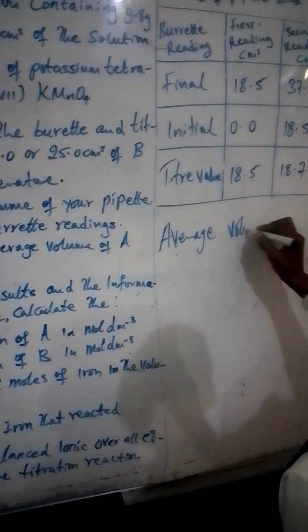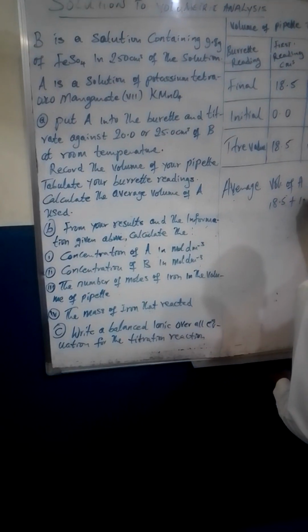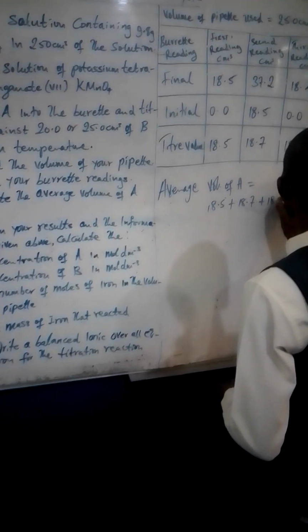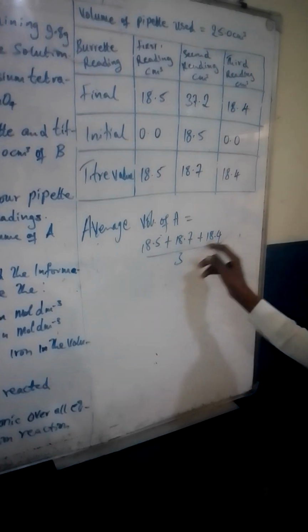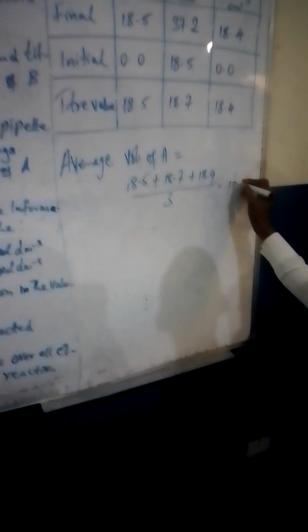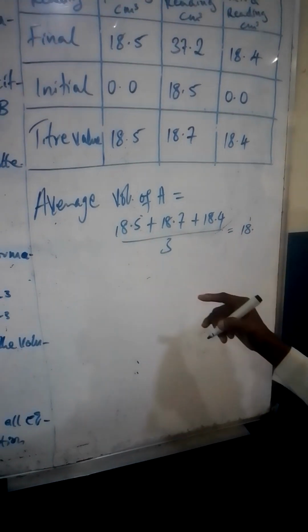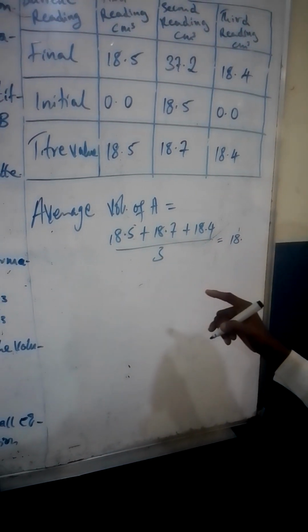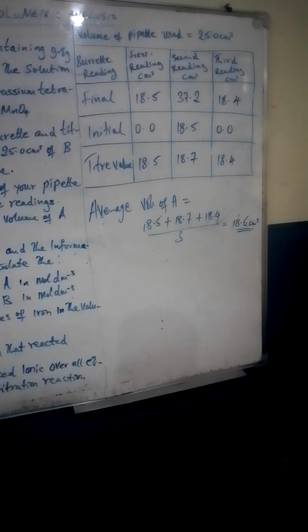Average volume of A is equal to 18.5 plus 18.7 plus 18.4 divided by 3. If you divide this by 3, you are going to get 18.53. This is our average titer value, or the average volume of acid used.